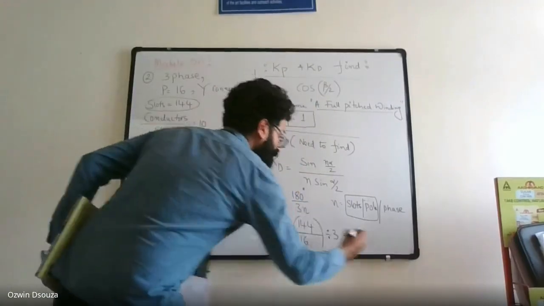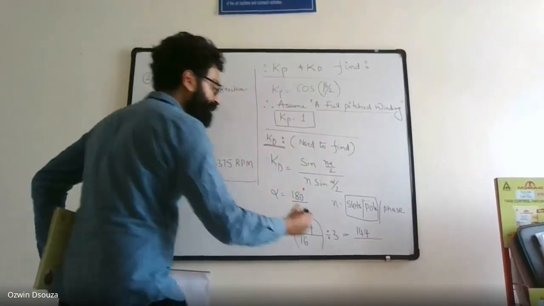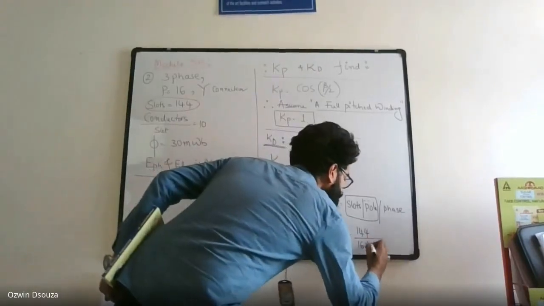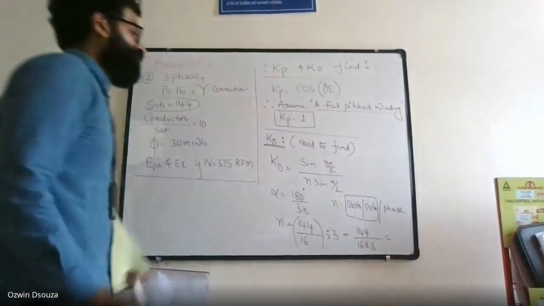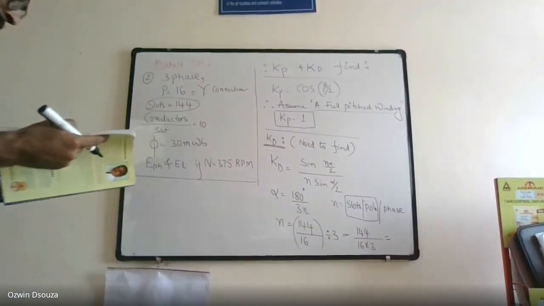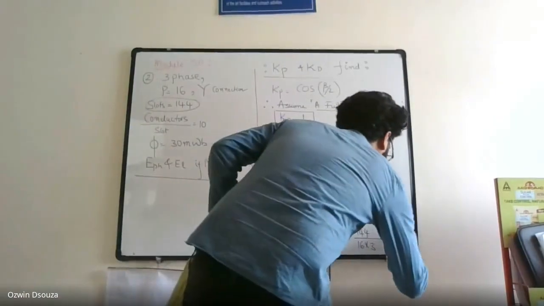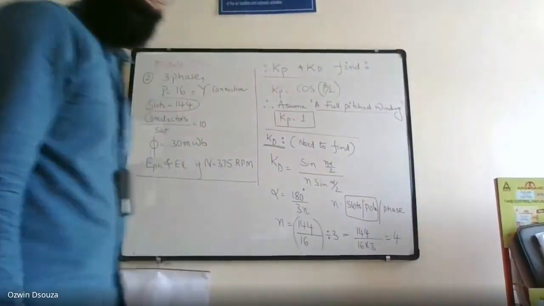If I simplify, I will get 144 in the numerator and in the denominator 16 into 3. So 144 divided by 16 into 3. 3, 4. 4, right? 3.